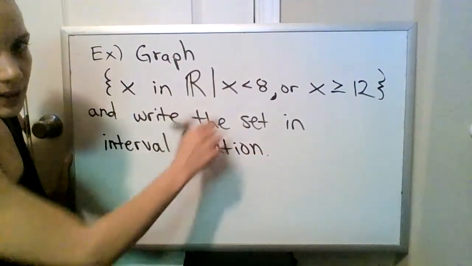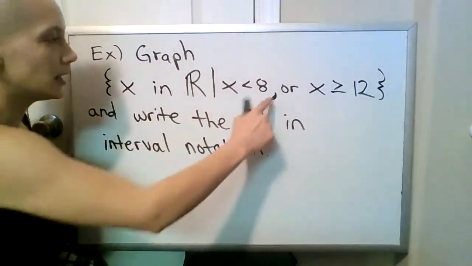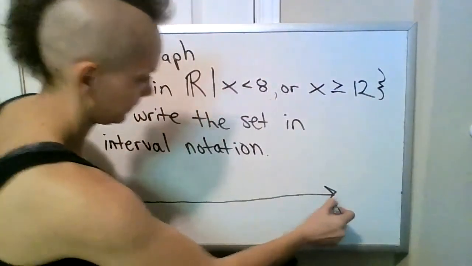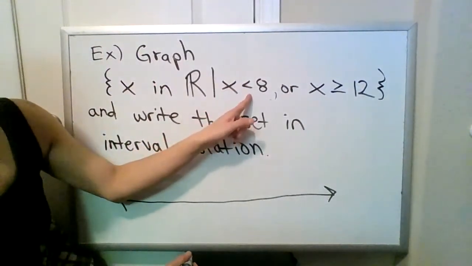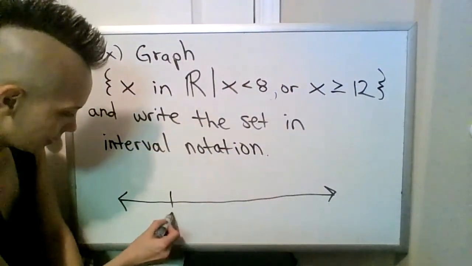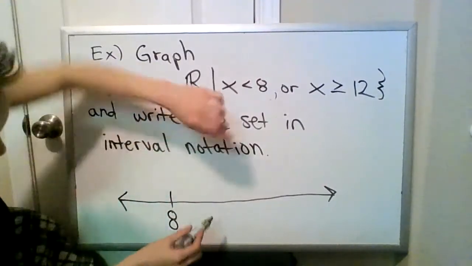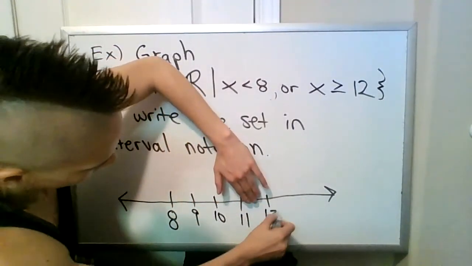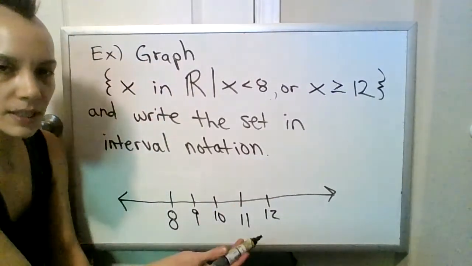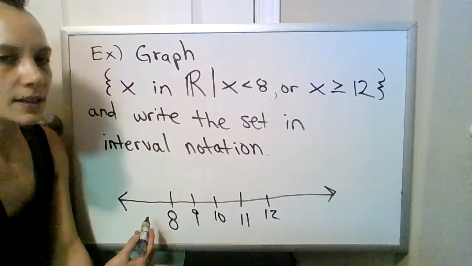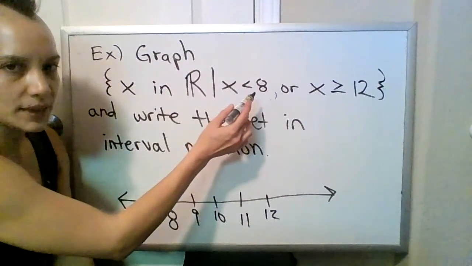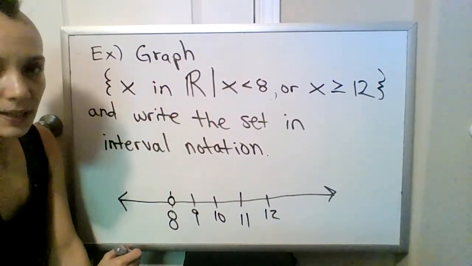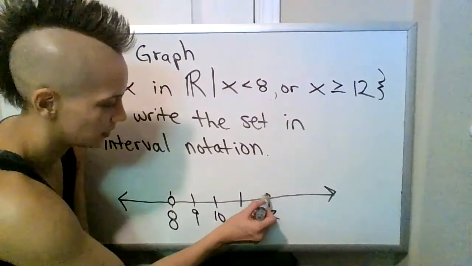So this graph is going to need 8 on it and 12. And let's get started. Eight has a strict inequality, so there's an open circle over that. Let's move over, let's go like this. Get my units down, kind of space them out evenly. Let's plot that point with an open circle. And over 12, we need a closed circle.